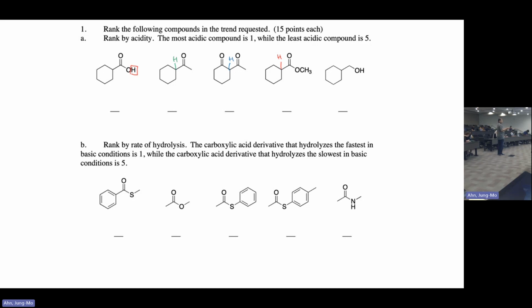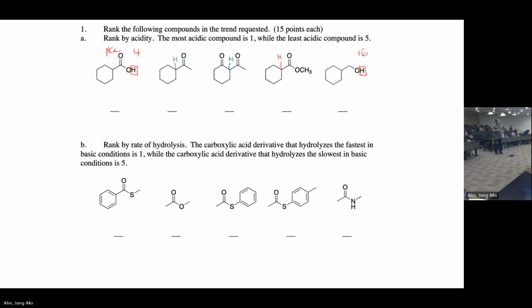And even though there's no carbonyl here, the most acidic hydrogen is the hydroxyl hydrogen, because its pKa value is about 16. So, keeping in mind the pKa numbers, a carboxylic acid is about 4, it could be between 3 and 5. A regular alcohol is about 16, right?